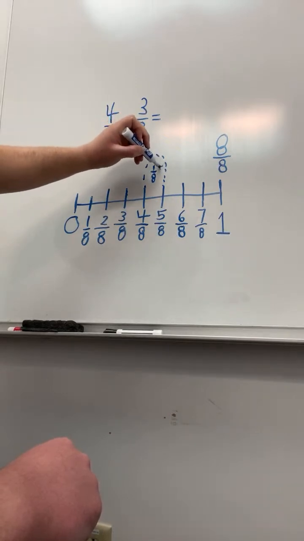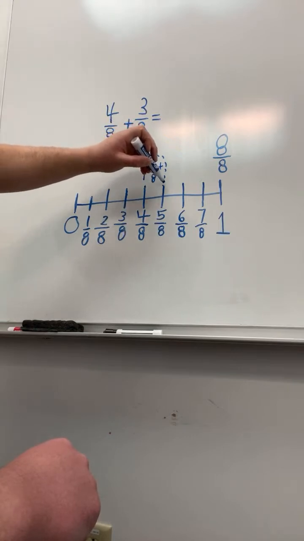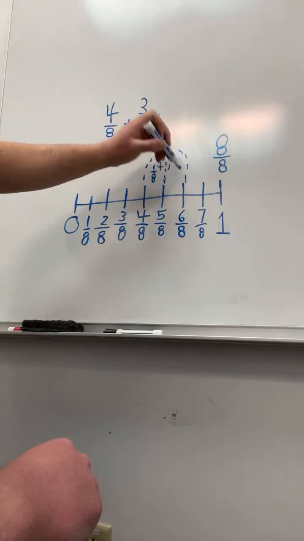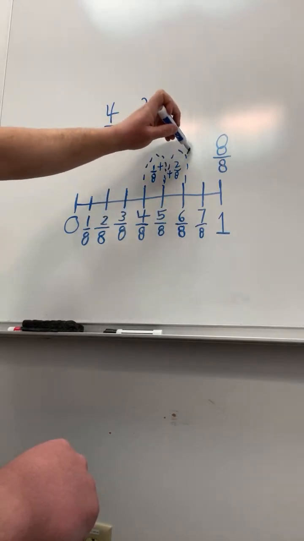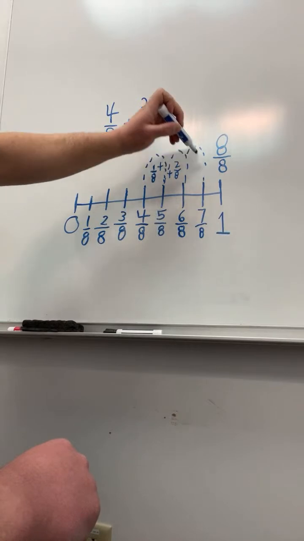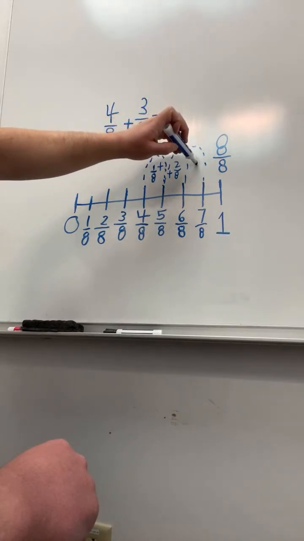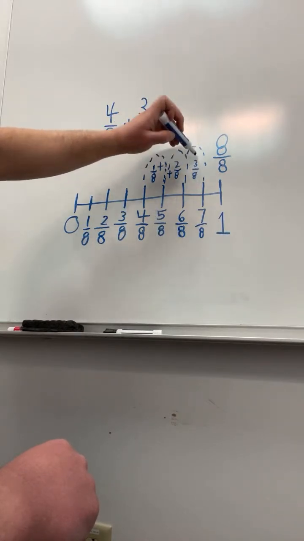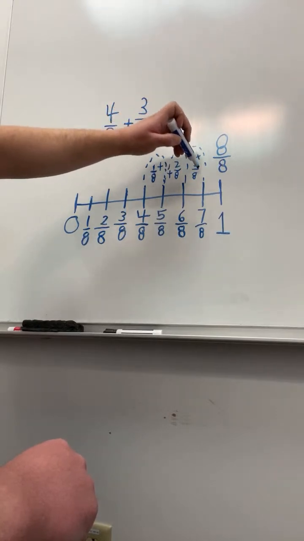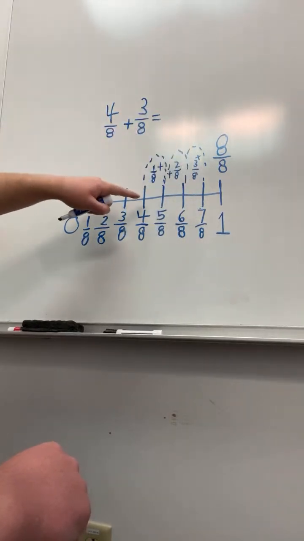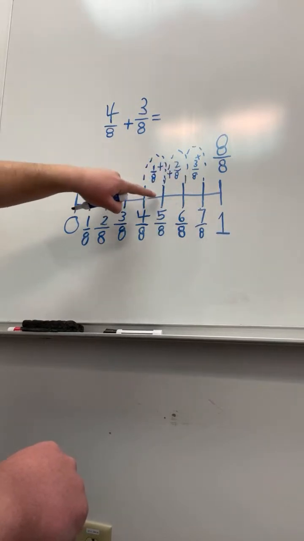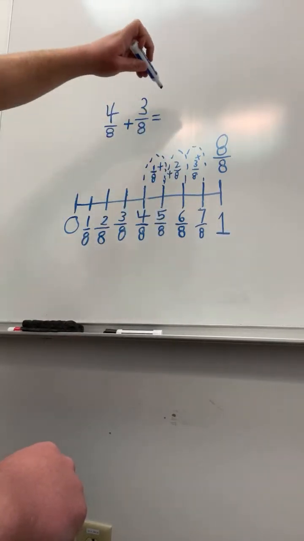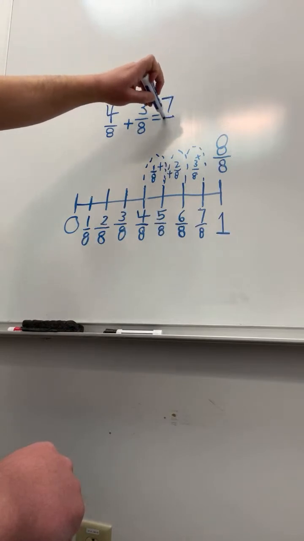I'm going to put plus 1/8 because we're adding. 1/8 is 5/8, plus 2/8, 6/8. Plus 3/8, 7/8. So I just added 3/8 here. I started at 4/8 and I landed on 7/8. So our answer is 7/8.